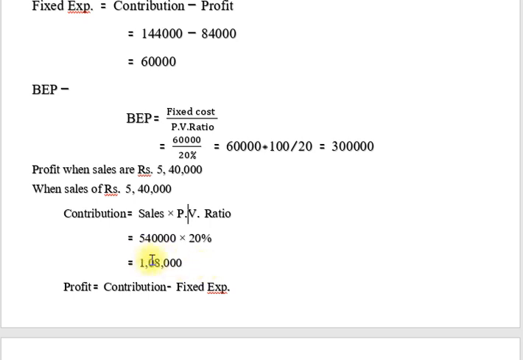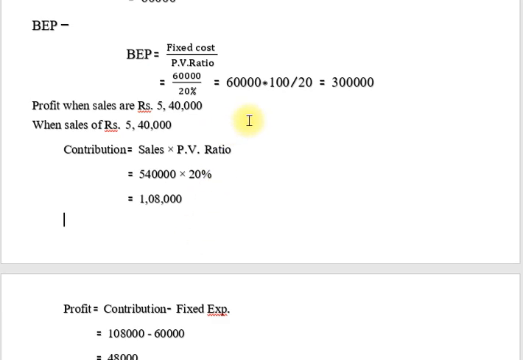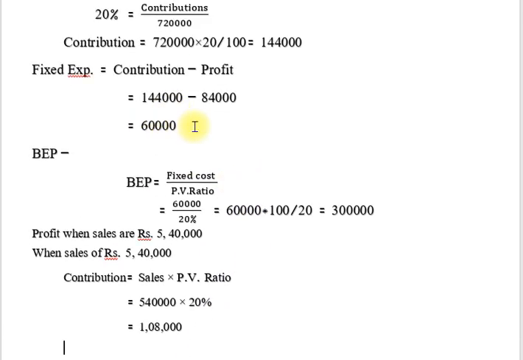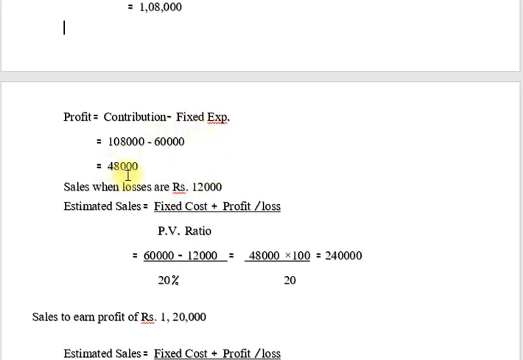Now we use this information to find our answer. Profit is equal to contribution minus fixed expense. We found contribution 1 lakh 8,000 and fixed expense 60,000. The difference is 48,000.